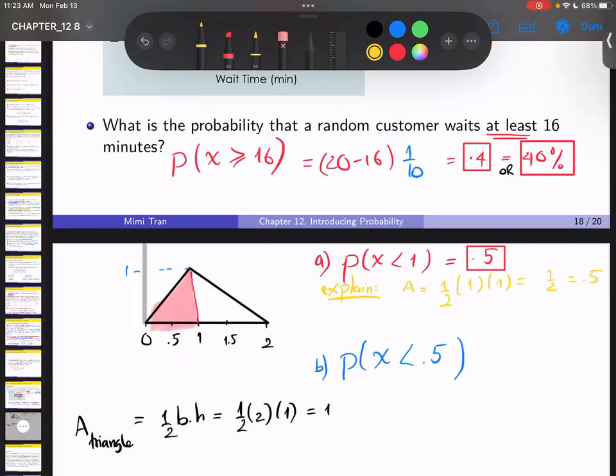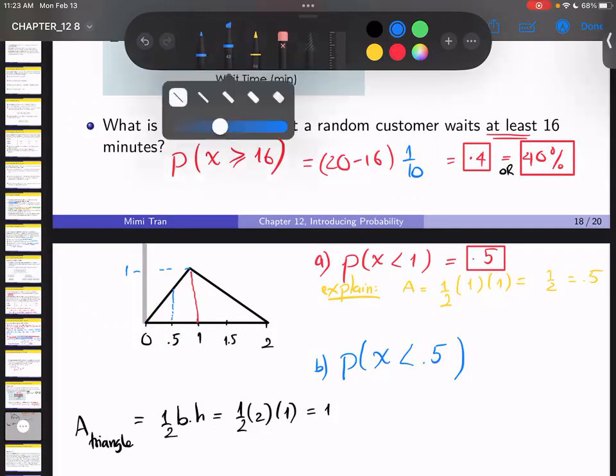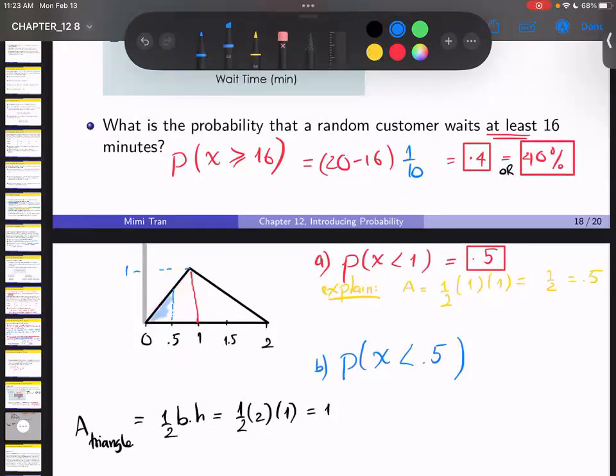What is the probability of X less than half? Less than half will be right here. Remember, probability represents the area under the curve. Kind of like calculus.